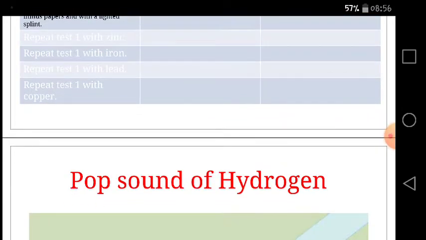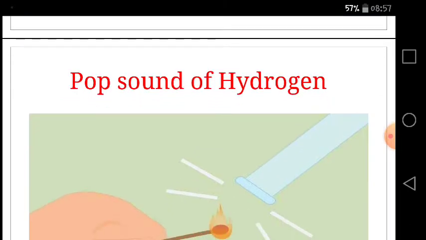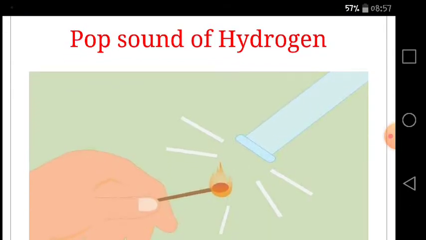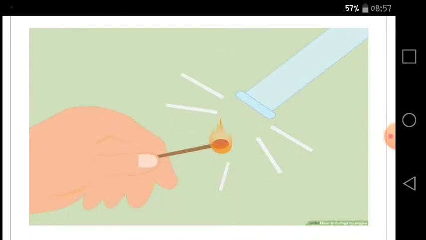Dear students, one thing I would love to add is that when we add metals to acids, it always produces hydrogen gas. To test the hydrogen gas, we bring a lighted splint near the mouth of the test tube, and if a pop sound is produced, then hydrogen is confirmed. As you can see in this diagrammatic representation, a pop sound is produced.